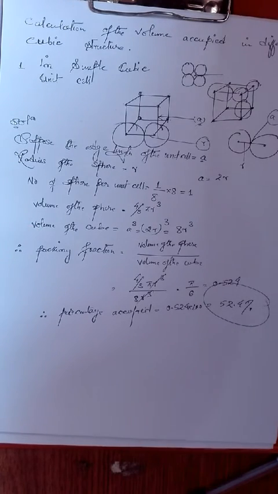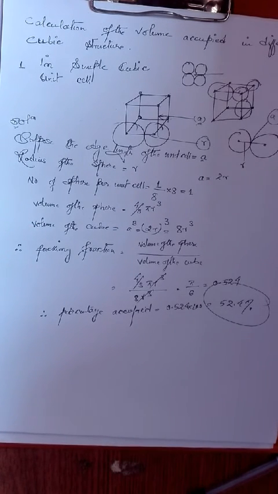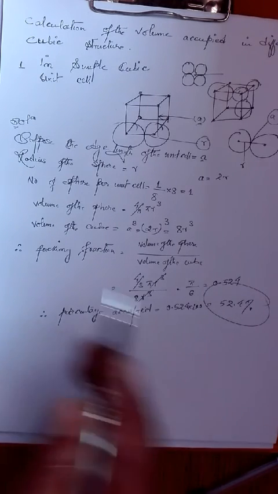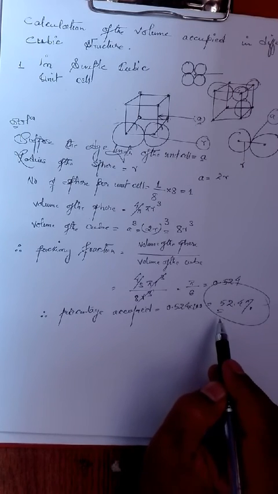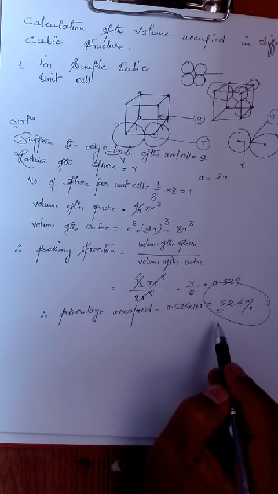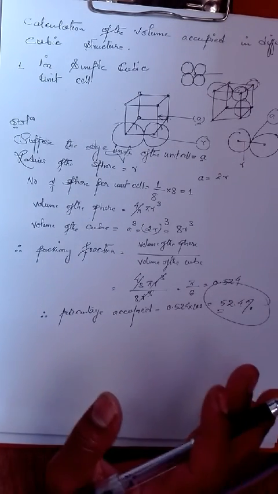So as you've seen in this calculation, in a simple cubic, the total space or total volume that is occupied by the constituent particles is only 52.4%. The rest, that is 47.6%, remains empty.